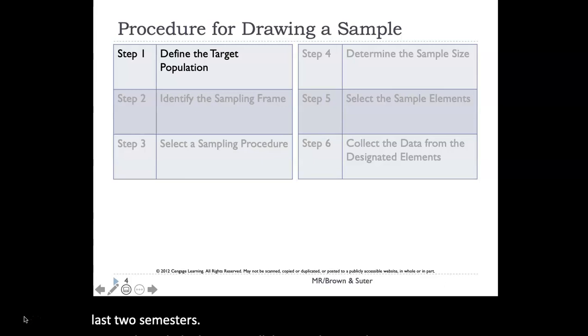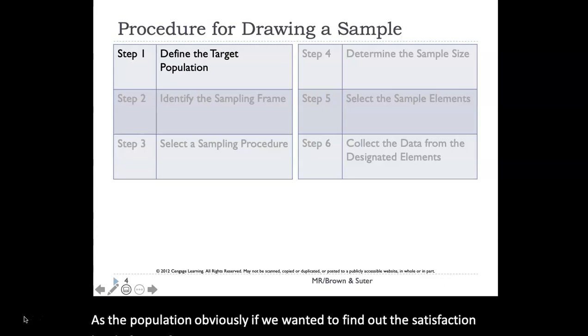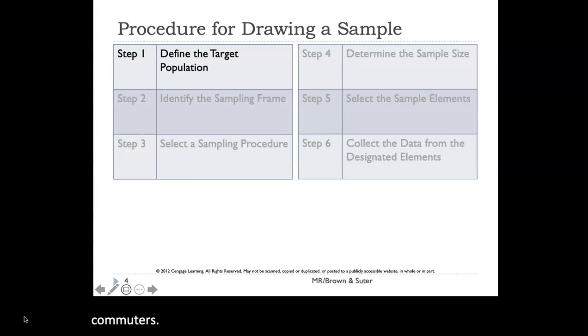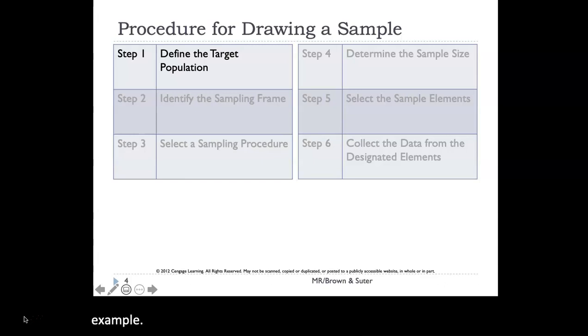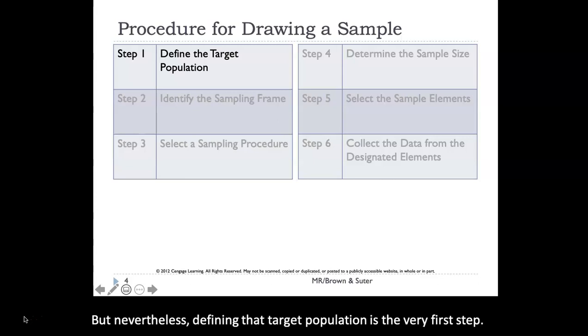Obviously, if we wanted to find out the satisfaction level of one of the dorms, we wouldn't define the population as commuters, because commuters don't live in dorms. So we have to define the target population in order to find out the information that we're looking for. Now, that's a very simplified example, but nevertheless, defining that target population is the very first step in drawing a sample.